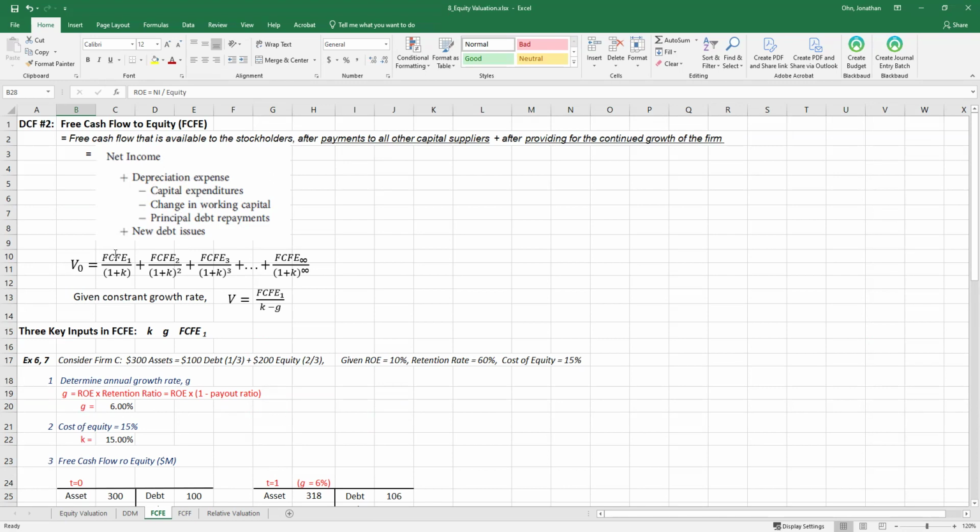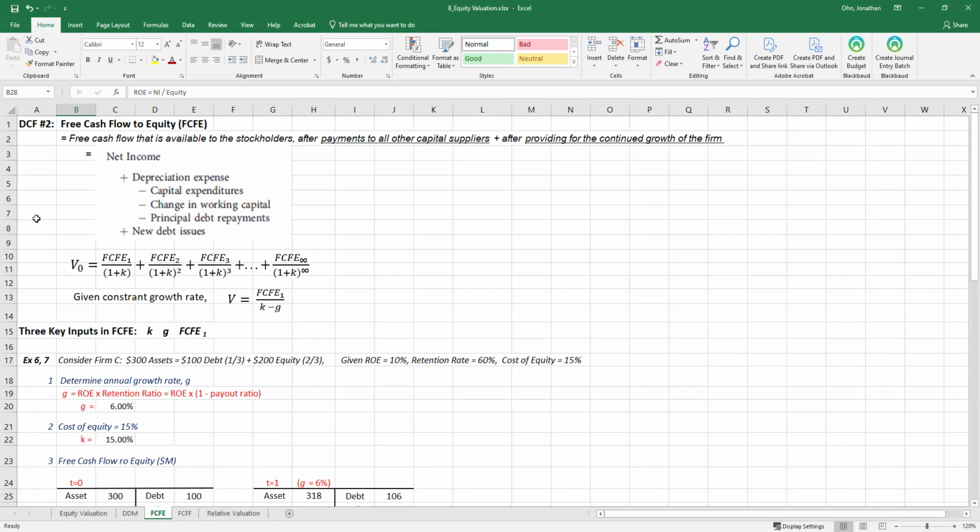So for free cash flow to equity, we estimate all these, then calculate the present value and sum them up. That is the value of this stock or this equity. Stock's equity is the same thing. I told you the valuation principle is the sum of discounted values of all future expected cash flows.